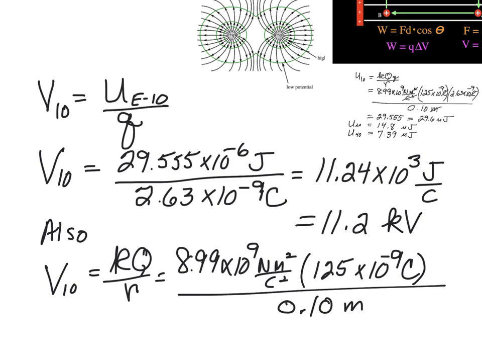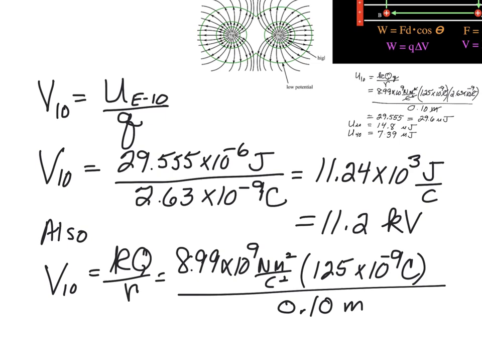So there you have it. If I take the energy that I calculated and divide it by the charge I used to calculate it, I get the energy per unit charge, 11.24 times 10 to the third joules per coulomb, or 11.2 kilovolts. You're going to get the same thing even though you had a different energy and a different charge.